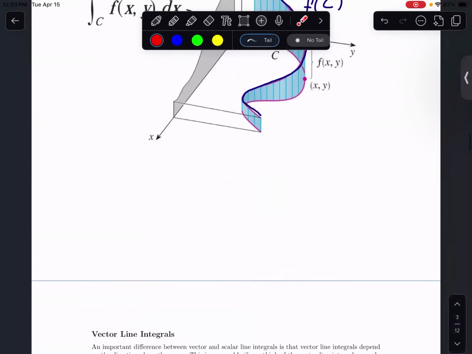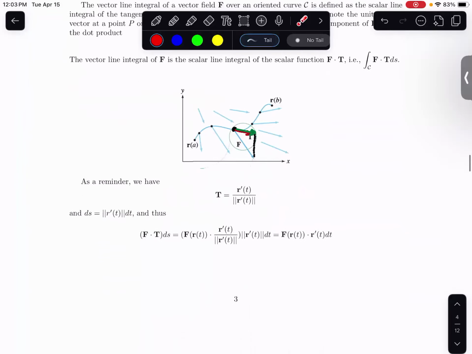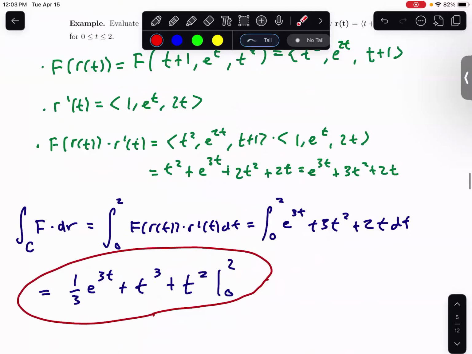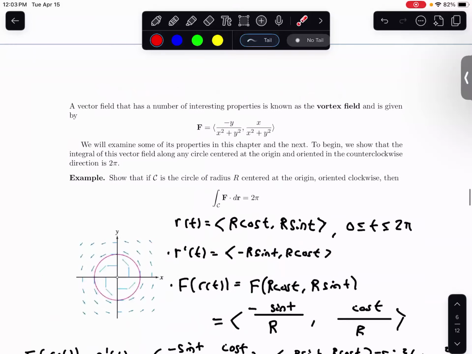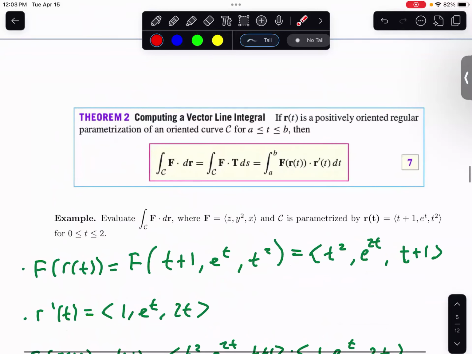We'll also be able to view vector line integrals in terms of physical concepts like work after we're done working through another example. So that's important to understand. I'm not going to ask you about that too much, but it helps to have an understanding of what we're actually doing with these computations.